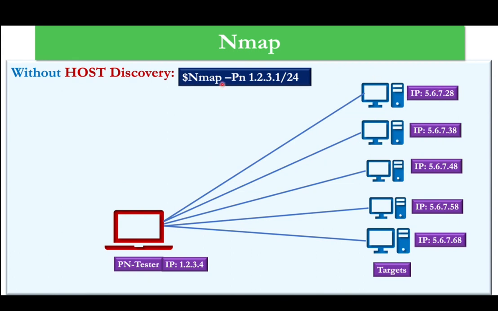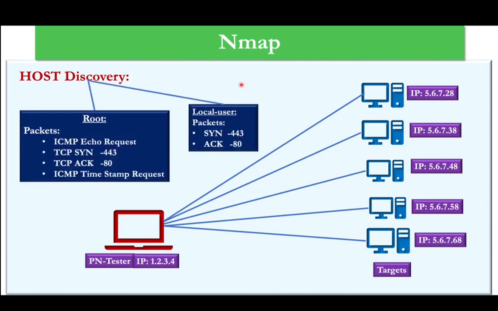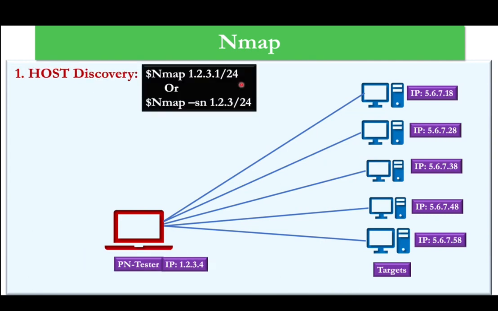For that, the command is nmap followed by -Pn. So -Pn says don't do any ping scan. In this case, we use -sn, which means don't scan any ports, just ping these hosts to see whether they are reachable or not.